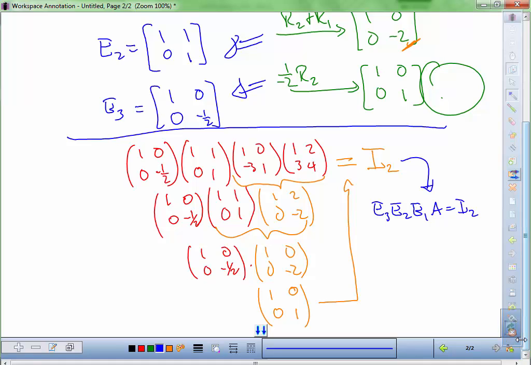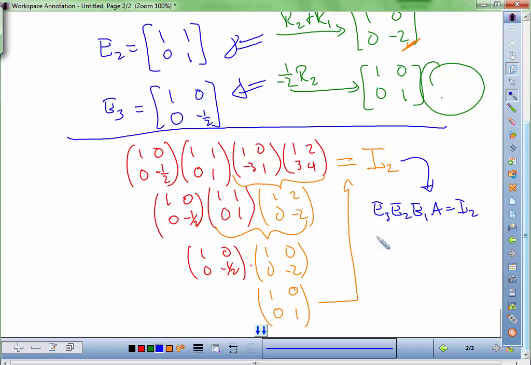You have to multiply those backwards in order to get the identity. Yeah, so the whole point in doing this is to deal with the identity matrix. Not only do we have to multiply it backwards, but we have to multiply the inverse. So if you're interested in the inverse of A, we would take the inverse of both sides.